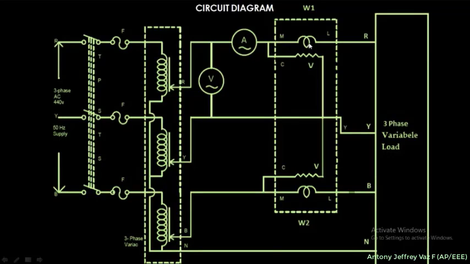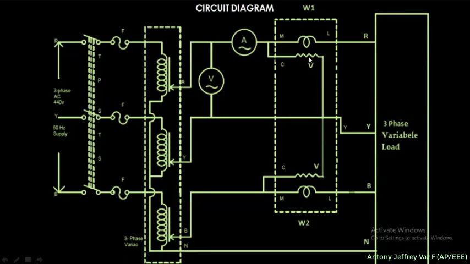So inside the wattmeter there is a current coil, and just as an ammeter should be connected in series, the current coil should also be connected in series. The current is directly connected to the current coil and it is directly delivered to the R phase of the load. Whereas in the pressure coil, the two terminals are here.